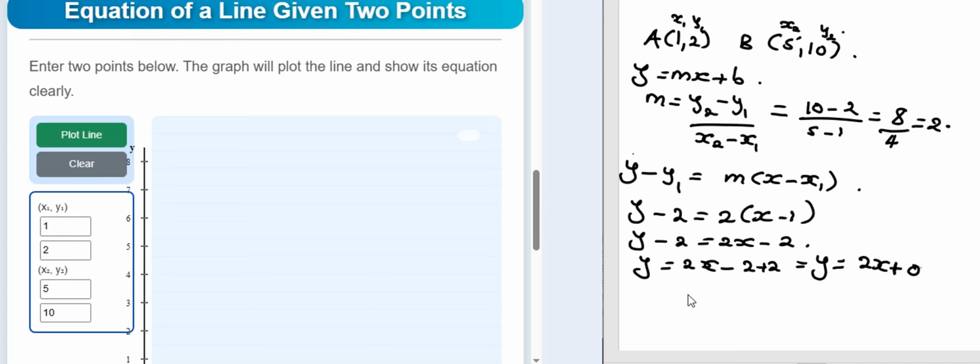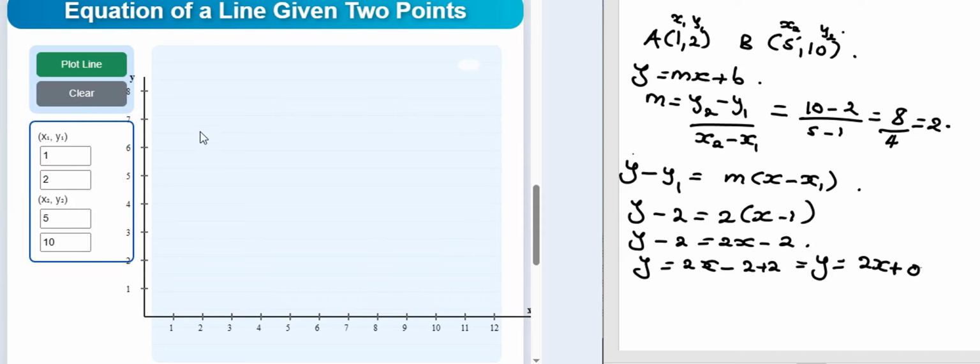Then, can we try to enter the values of this line in our interactive graph so that we can see if we get the same equation? So the values were 1 for x1 and 2 for y1, then 5 for x2 and 10 for y2.